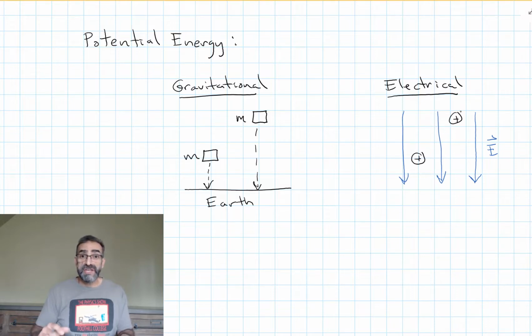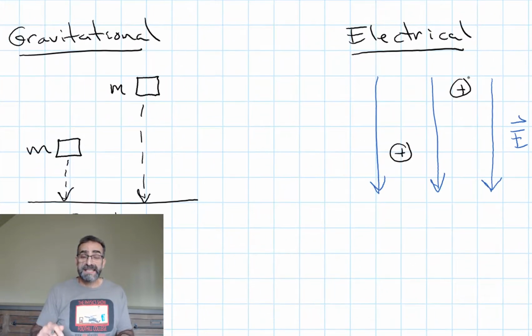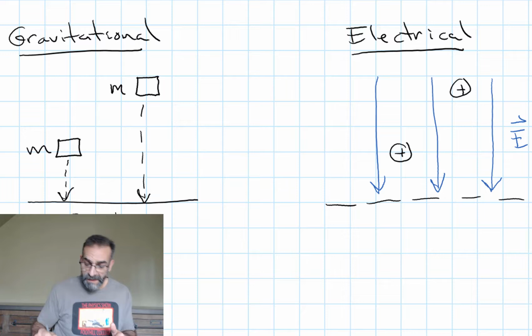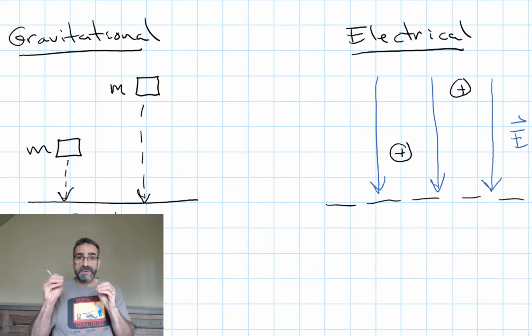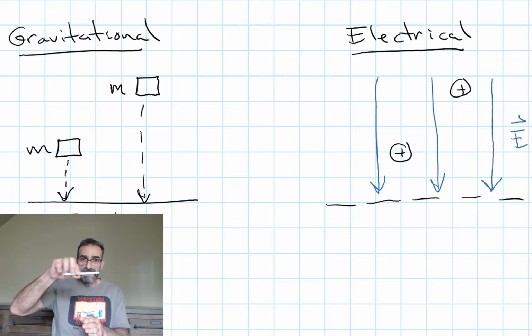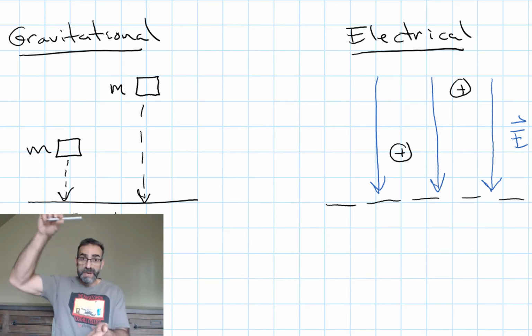I've drawn a uniform electric field, a constant electric field pointing down on my paper. And I'm going to imagine a floor here, an imaginary floor. And I've got two positive charges. One I'm holding a little bit above the floor, and the other one I'm holding much higher up above the floor.